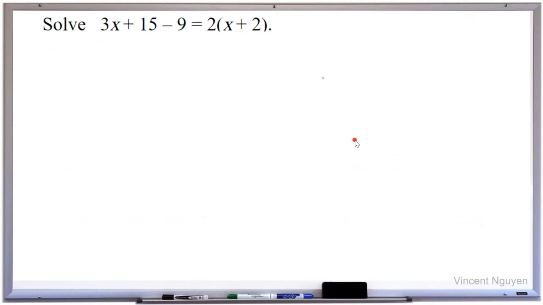All right, next. Ooh, let's take a look at this problem and see why it's such a mess here. So I have 3x and then plus 15 and minus 9, and then over here I have 2 times. So I have the distributive property and I have variables on both sides, right? And I have stuff here that should be simplified.